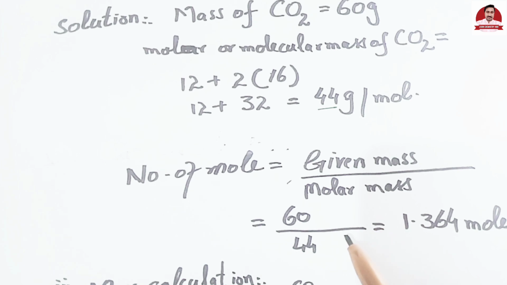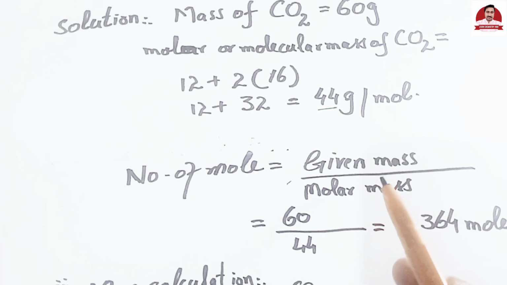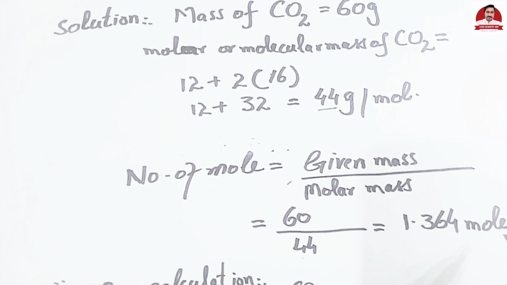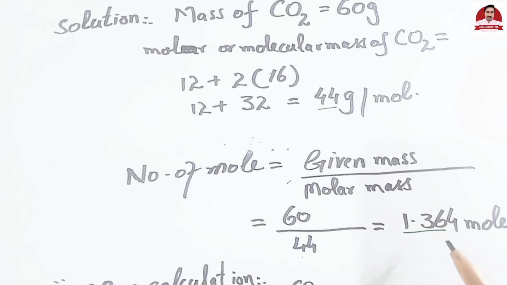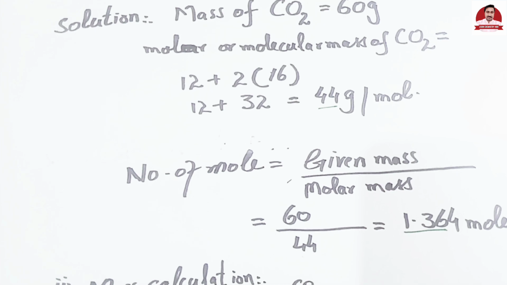As the given mass is 60, and we calculated the molar mass, which is 44, we can divide the given mass by the molar mass, so we get the answer 1.364 moles. So we calculate the number of moles if we have the given mass of any substance.